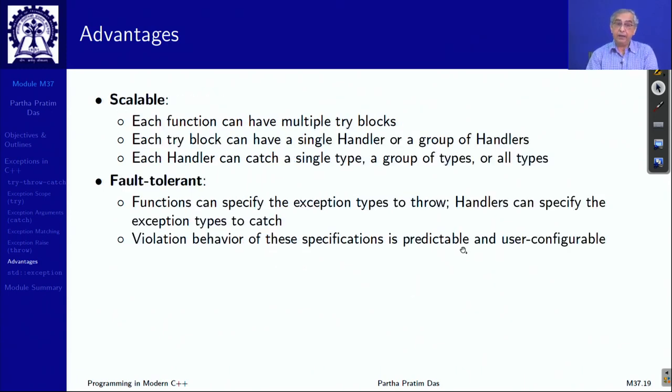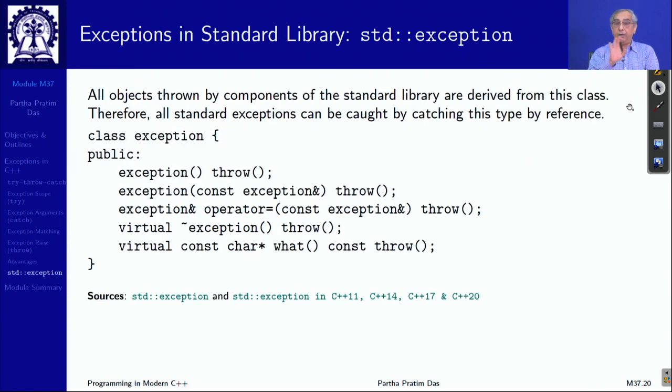Besides that, this is scalable because each function can have multiple try blocks, each try block can have multiple handlers, each handler can have a single type or a group of types, all types. It is fault tolerant because it makes functions specify what should be their error behavior and so on. So, exceptions are kind of a solution for all kinds of error handling.